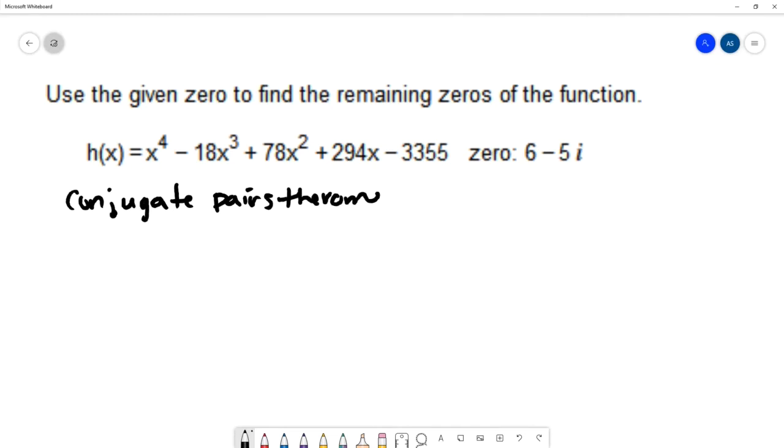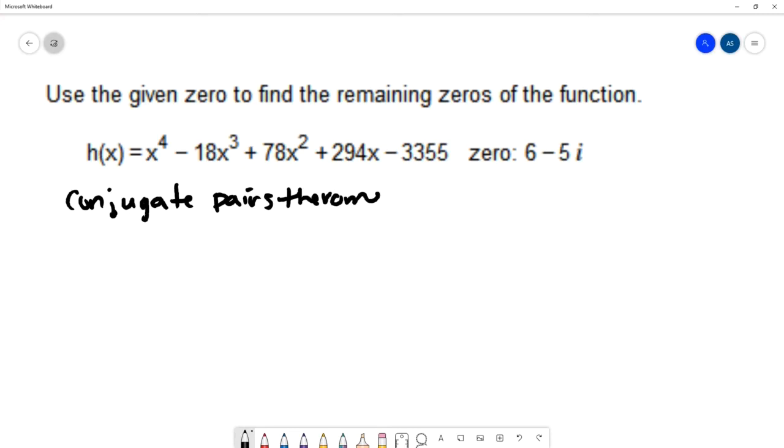So you'll notice here that we have a real number 1 as the coefficient, the real number 18, the real number 78, the real number 294, the real number 3,355. So all of the coefficients on this polynomial function are real numbers. So we are going to be able to use the conjugate pairs theorem.